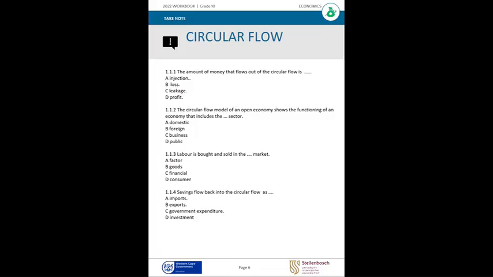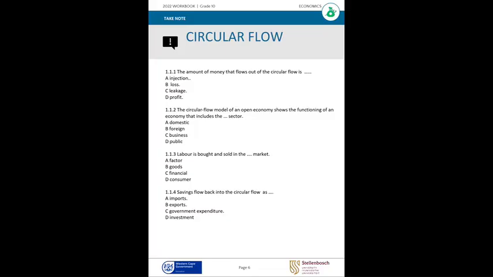It is the foreign sector that changes your closed economy to an open economy. Right, so the statement would then read as follows. The circular flow model of an open economy shows the functioning of an economy that includes the foreign sector. So my answer there would be B.